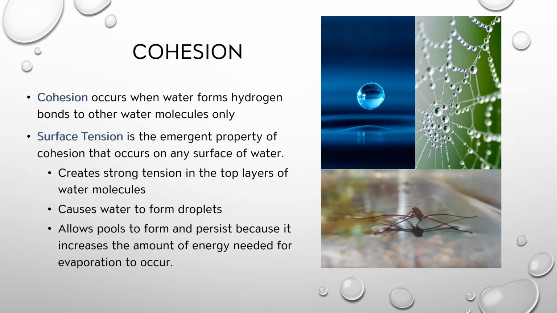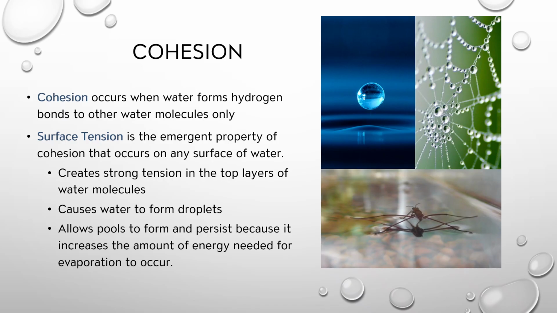So the property of cohesion is what occurs when water forms hydrogen bonds only to other water molecules. So they're only forming these between each other, kind of like that picture on a couple slides ago that I showed you, where the partially negative oxygen is hydrogen bonding to the partially positive hydrogen of a different water molecule.